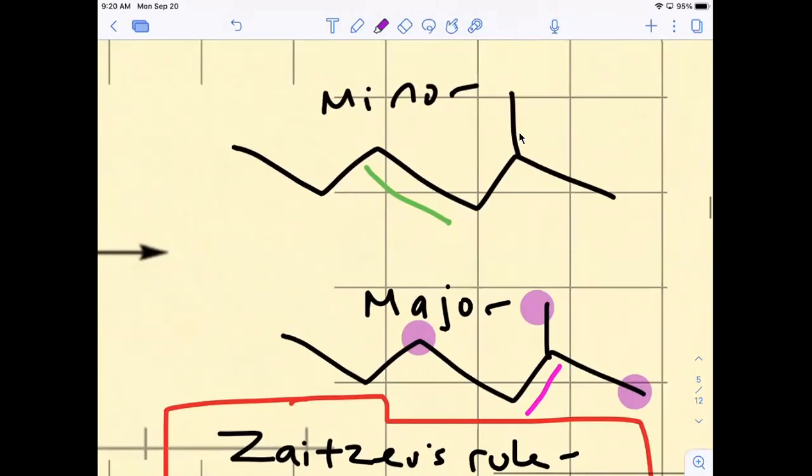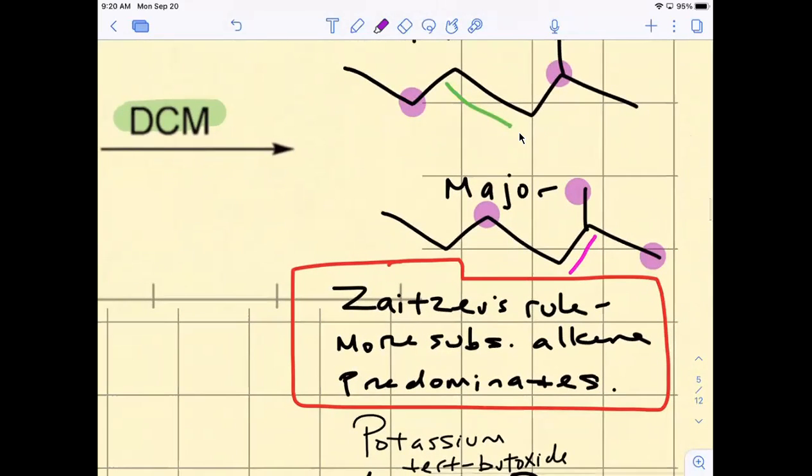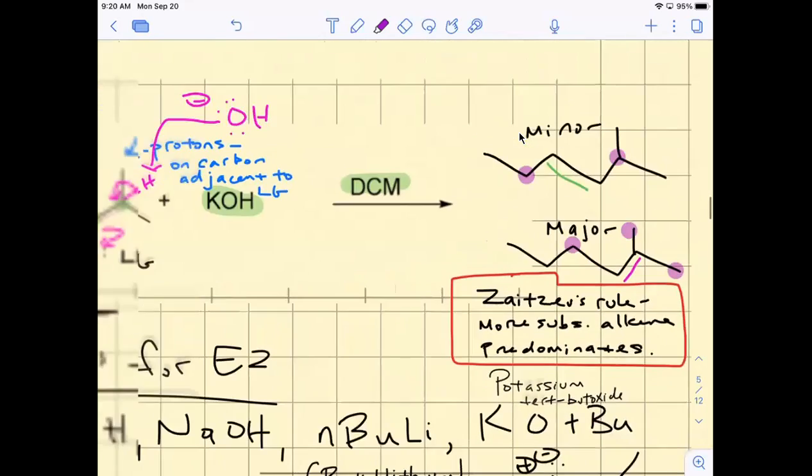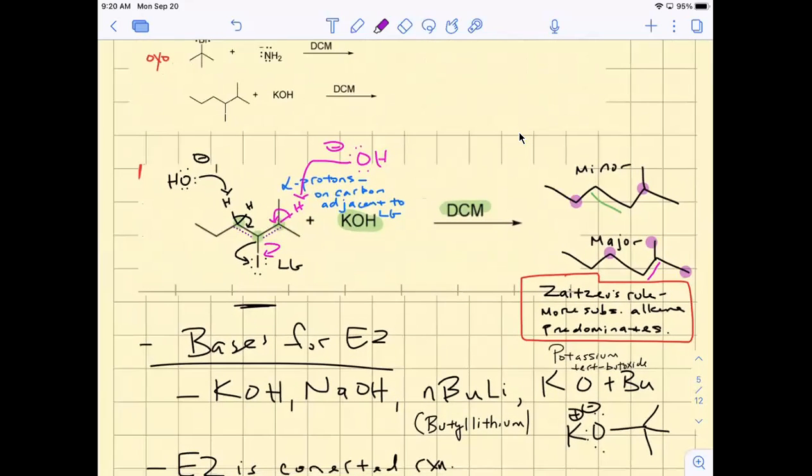And then down over here, this alkene is di-substituted. So for Zaitsev's rule, the more substituted alkene predominates. It's a thermodynamic characteristic, because the more substituted alkene is also a more stable alkene. So that's one characteristic of the E2, that it's going to follow Zaitsev's rule.